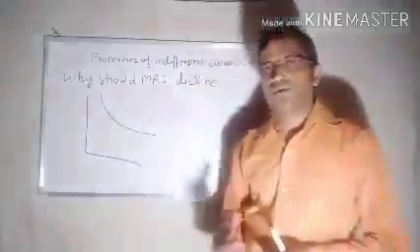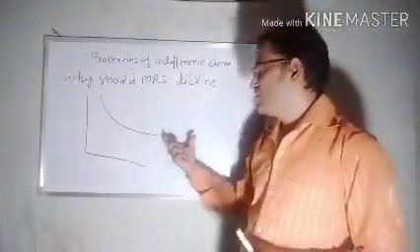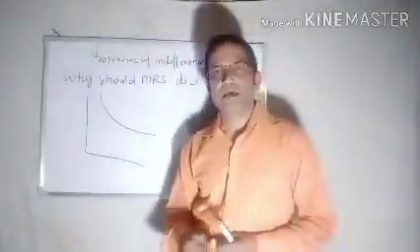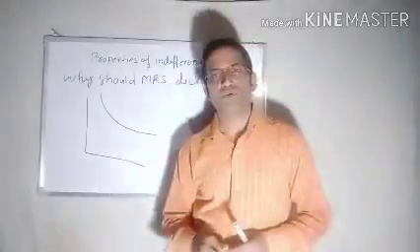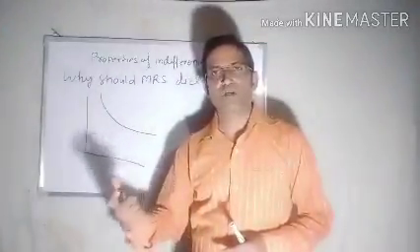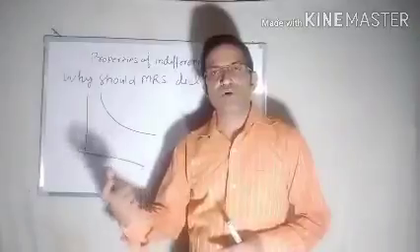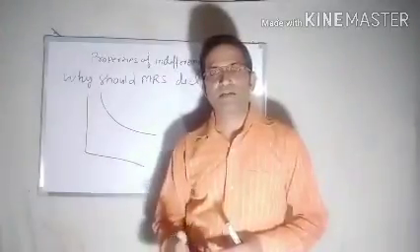The law of diminishing marginal utility describes that as a consumer consumes more and more of good X, the utility of that product declines.